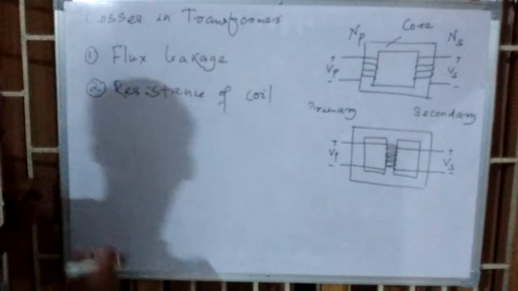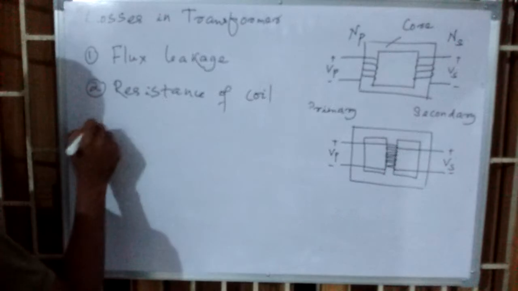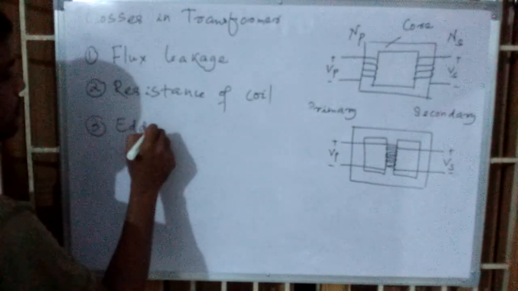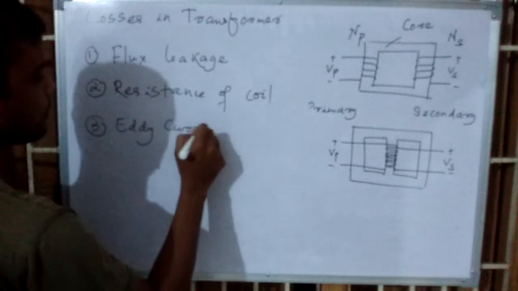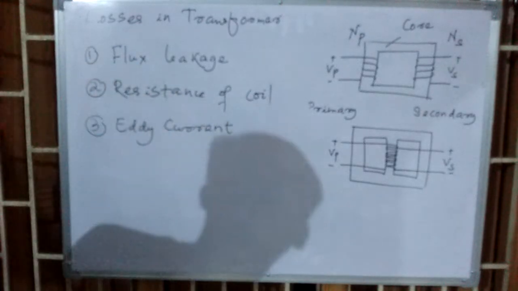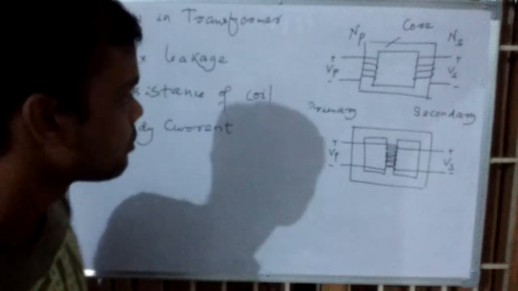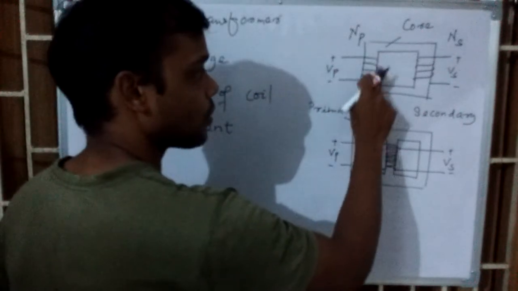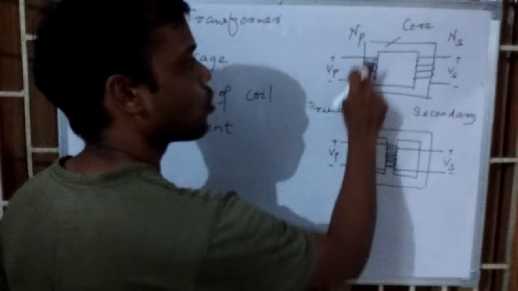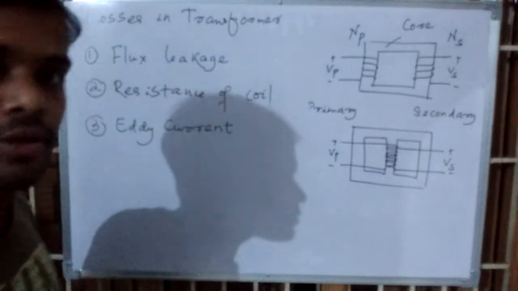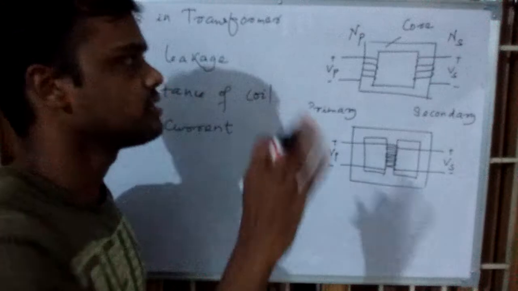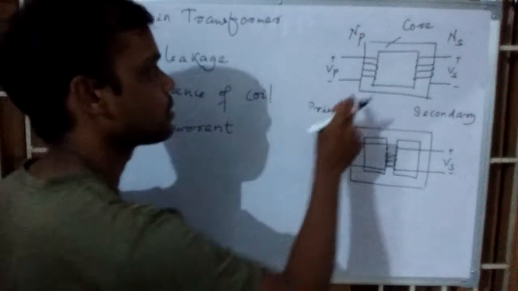So then number 3, eddy current loss. What is eddy current loss? Now see, current is passing through the coil. That coil is around a core material, that is iron, and iron is a ferromagnetic material, and a very good conductor.